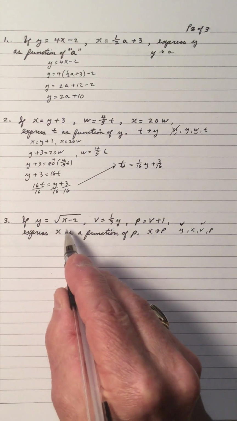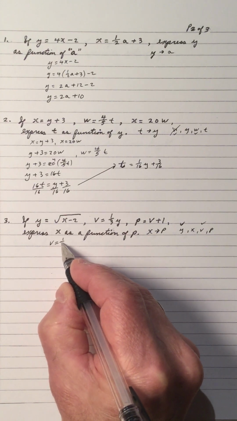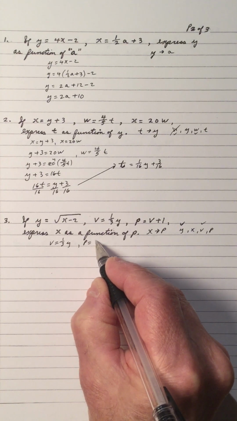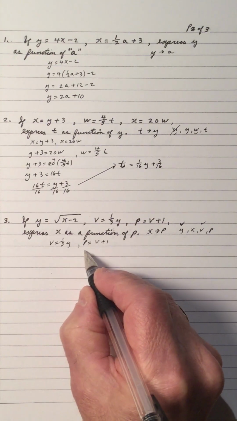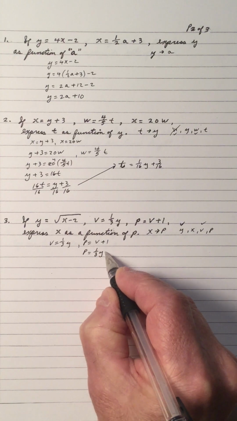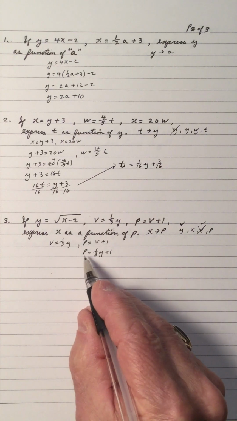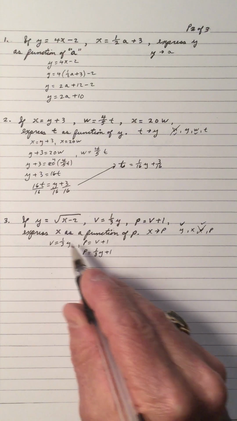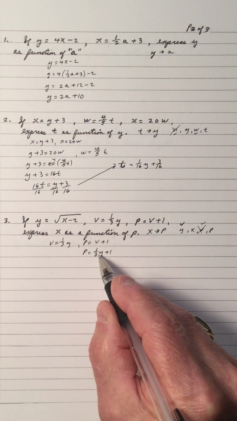We have v equals 1/3 y, and p equals v plus 1. So we can say that p is equal to v, which is 1/3 y, plus 1. So the v is gone. So now we have p as a function of y. So we want x and p, so y has to go.